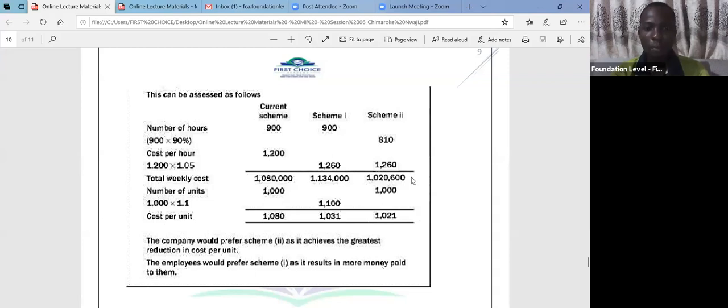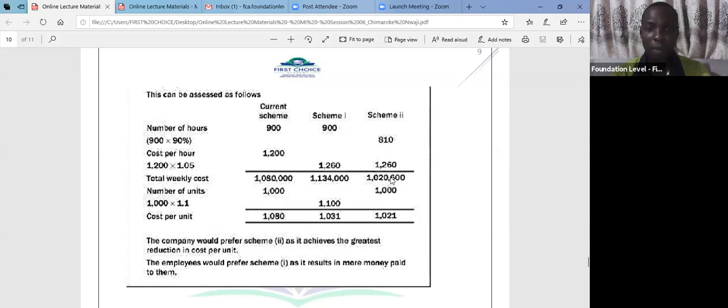So look at where the company is looking at cost. But look at what the employees will be looking at. Wow, which one of them will give me a higher bonus? Look at what they're supposed to be paying, but it has increased from here to here. In weekly payment, you see they are discouraged from doing it in lower time because they are not being paid up to this.